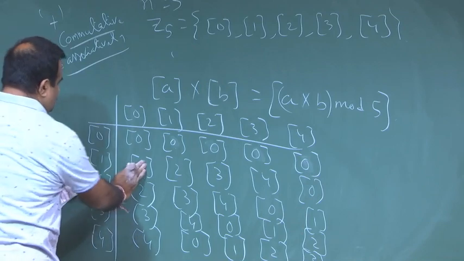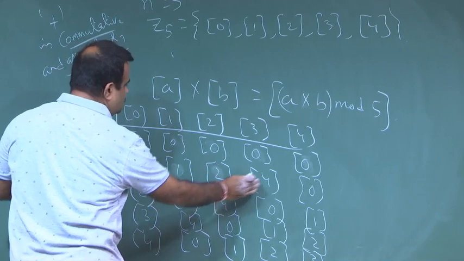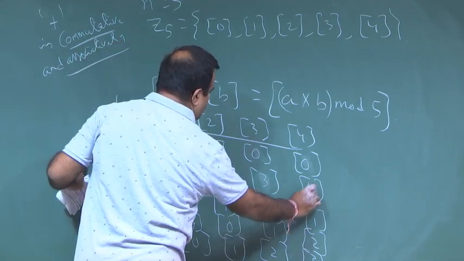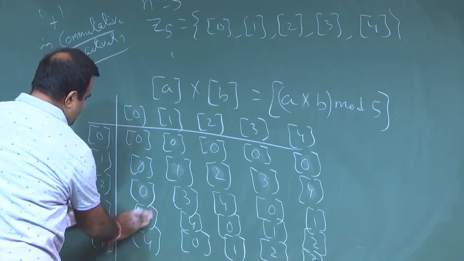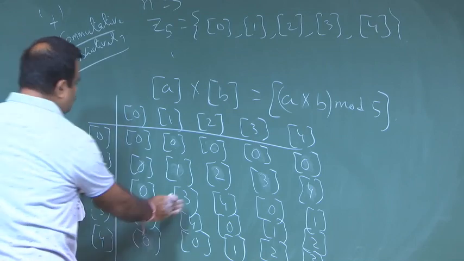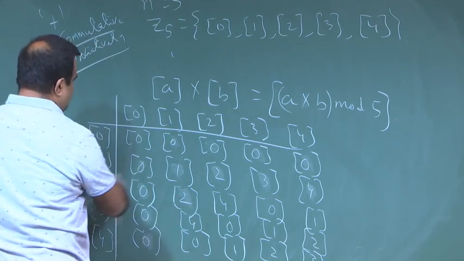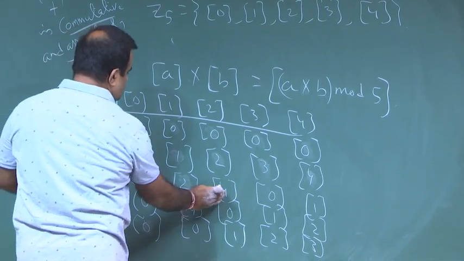Now, with 1 this will be 0, 1, 2, 3, 4. With 2, this will be 0, then 2, and 4. 2 into 2 is 4, and 4 mod 5 is 4.